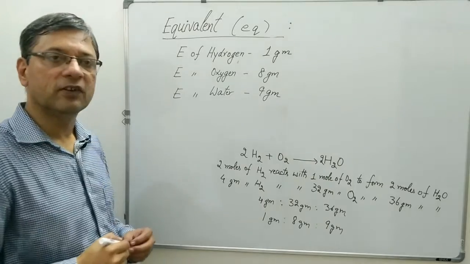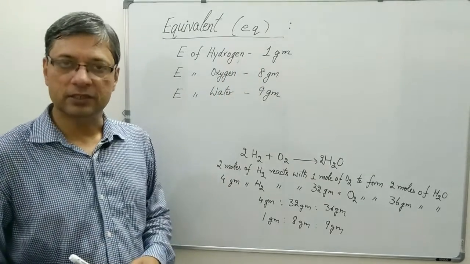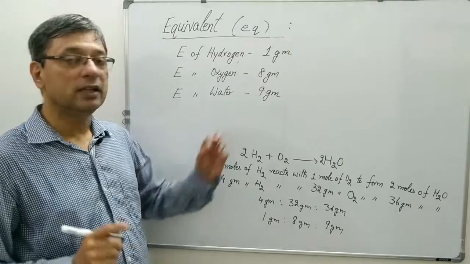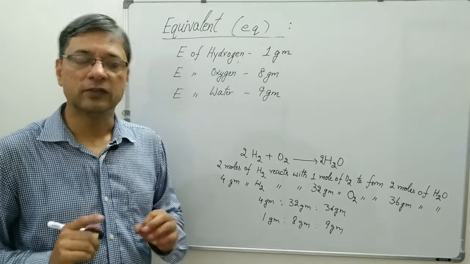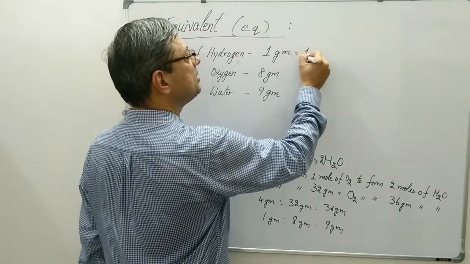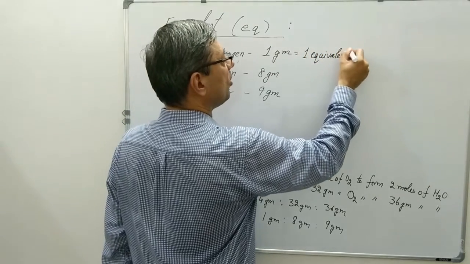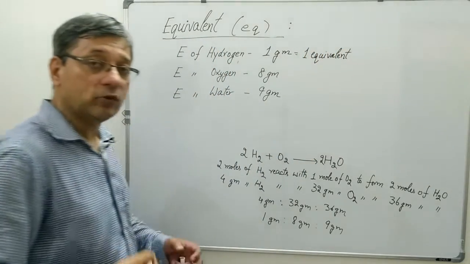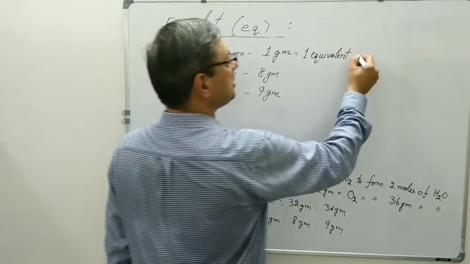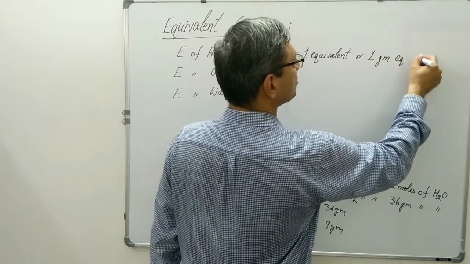Going by the definition of equivalent, 1 gram of hydrogen is combining with 8 grams of oxygen. Therefore, 1 gram of hydrogen is equal to 1 equivalent of hydrogen. If I am to express in gram equivalent, I can say 1 gram equivalent of hydrogen.